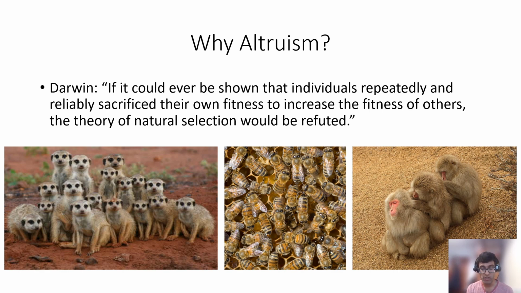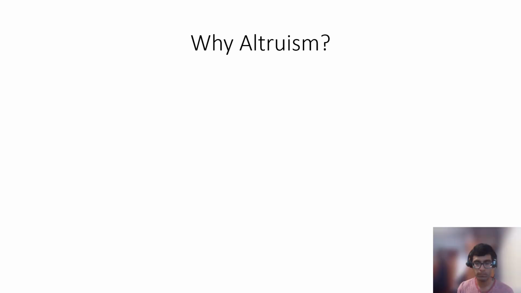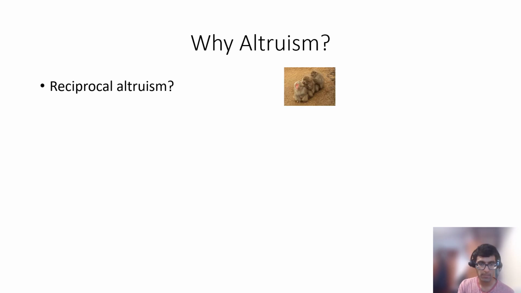And so altruism, this behaviour that carries a cost to oneself but benefits another, really does require an explanation, as Darwin clearly noted. So we're going to go through a few explanations of why we might see altruism in nature. We're not going to go into all of them in detail, but these are a few potential explanations.